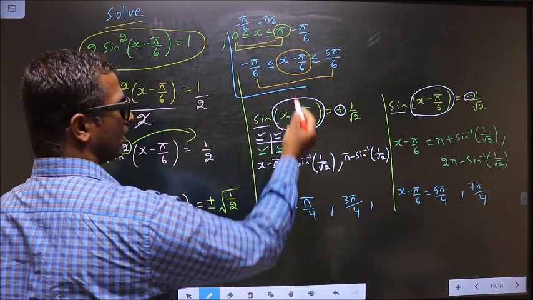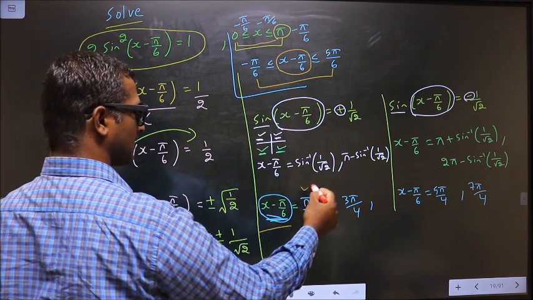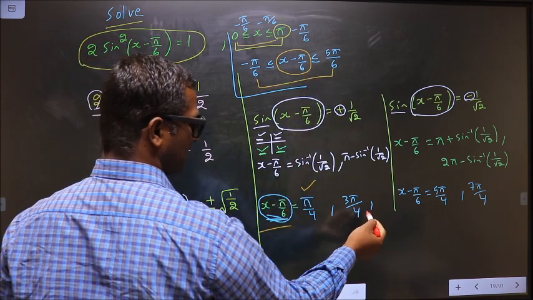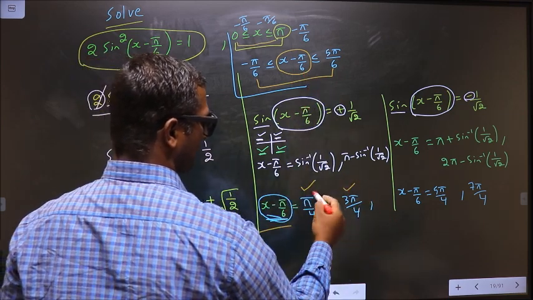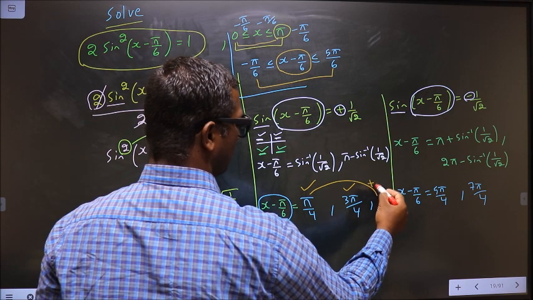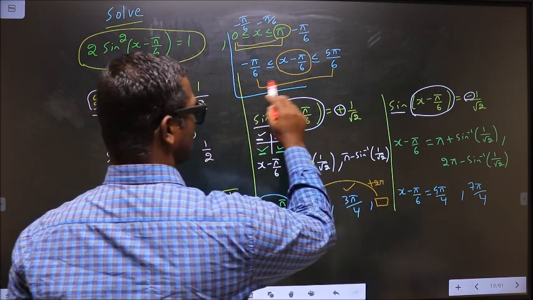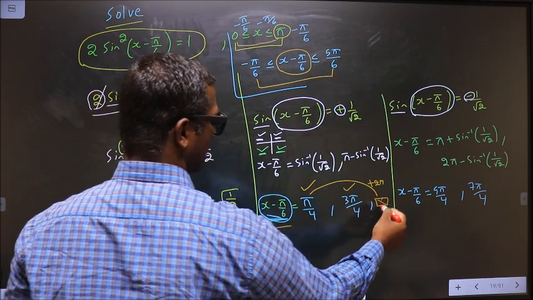Does π/4 lie in this interval? Yes, accepted. Does 3π/4 lie in this interval? Yes, accepted. Now to get another angle, you need to add 2π to this. When you add 2π, you will get a value which does not lie in this interval, so you reject this.